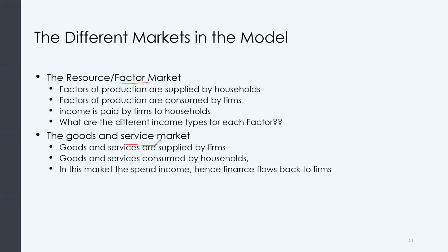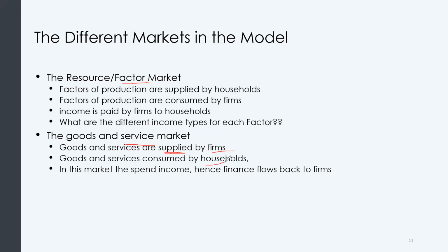When I say goods and services market, I'm saying the market where you buy your tomatoes, the market where you buy your cucumbers, the market where you buy your bread, the market where you buy your vehicles, the market where you get your house. That's the goods and services market. So in the goods and services market, it is the companies that are the suppliers. This is an exam question. Please pay attention, right? Goods and services market, the companies are the suppliers because they are the ones that manufacture.